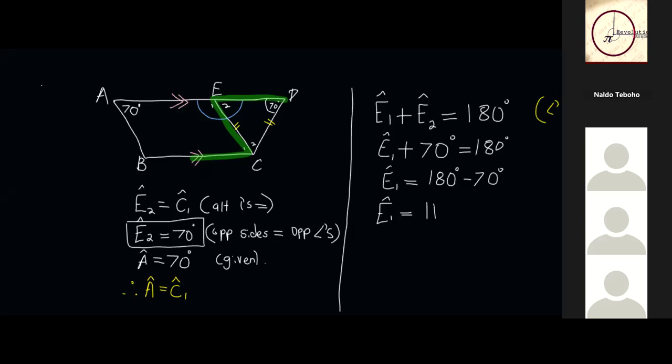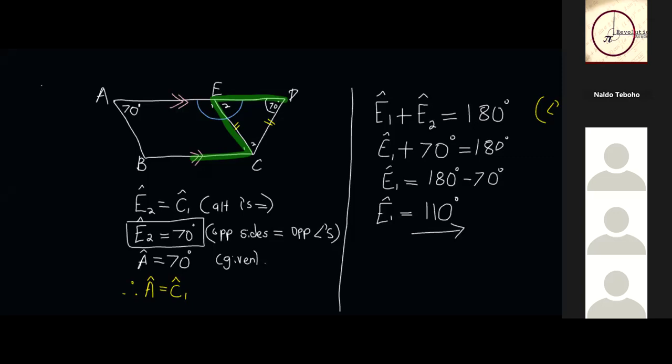Remember, the question wants us to prove that ABC is a parallelogram. I'm still showing you how to prove it. After getting that, my angle E1 is 110 degrees.